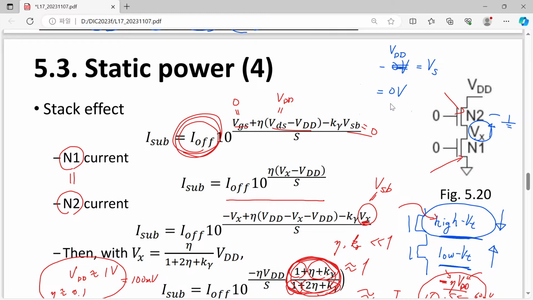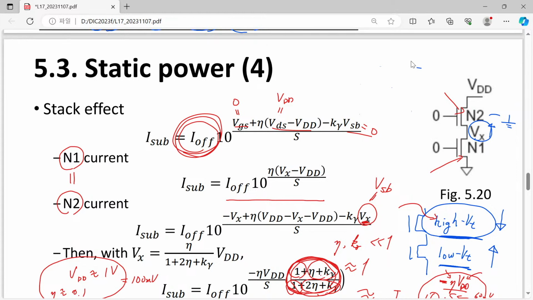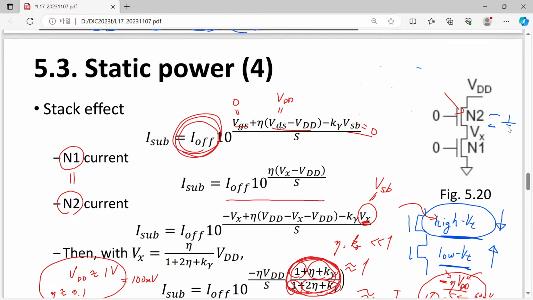So in some sense it is counterintuitive, because when we have 2 transistors, maybe we can expect, oh, since there are twice as many transistors, maybe we have twice as much leakage current. However, they are serially connected, and in the case of serially connected devices, the leakage current is determined by the worst one.